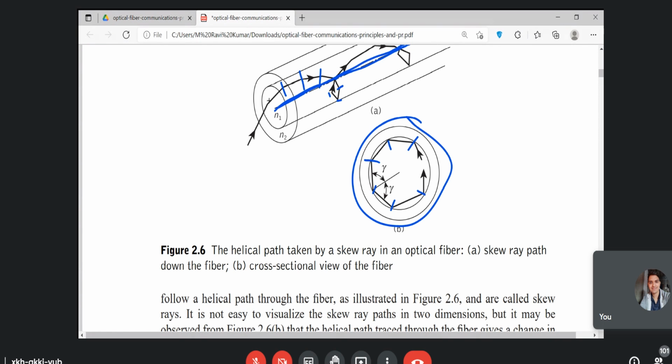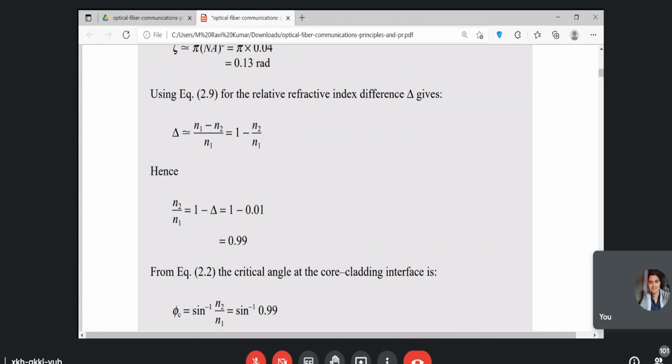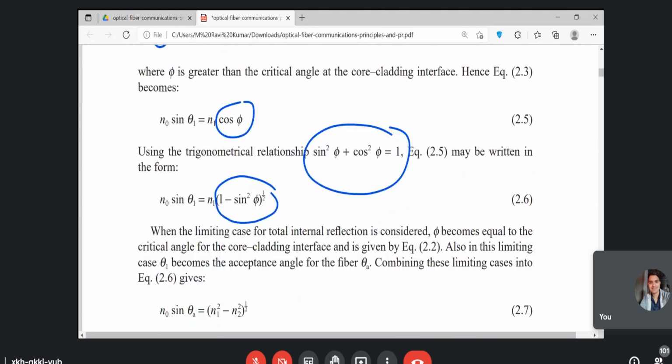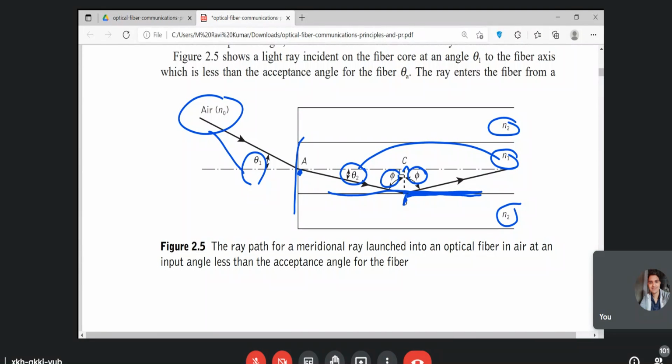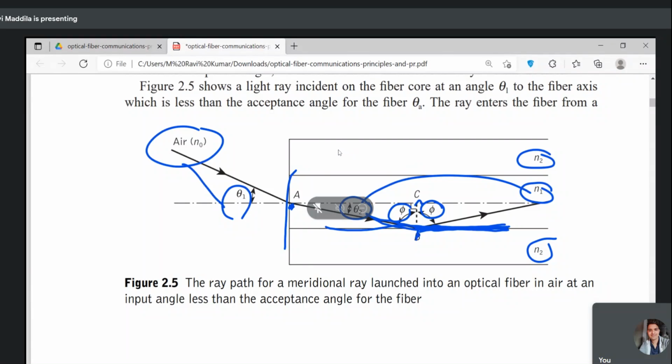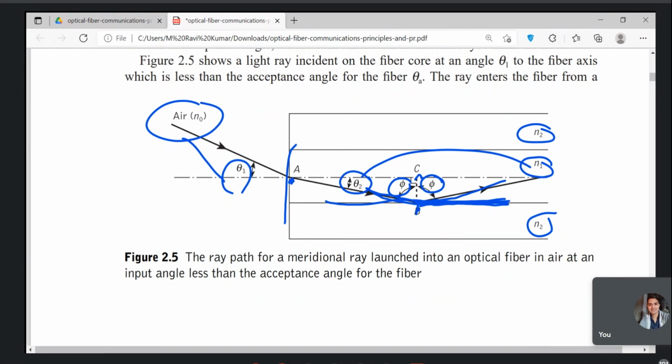Yeah, so for that, you need to look at this. This would be your phi c, right? At an angle phi c here, the incident ray would go along the core to cladding interface. So that is a very critical condition. Usually it is necessary that we have total internal reflection.